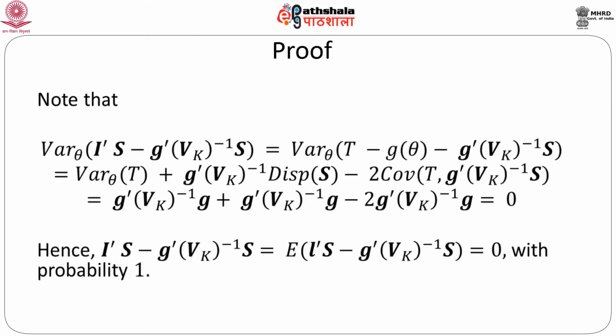To prove this, let us note that variance of L prime S minus g prime Vk inverse S is equal to variance of T minus g theta minus g prime Vk inverse S, which is equal to variance of T plus g prime into Vk inverse into dispersion of S minus 2 into covariance between T and g prime Vk inverse S, which is equal to g prime into Vk inverse into g plus g prime into Vk inverse into g minus twice g prime into Vk inverse into g, which is equal to 0.